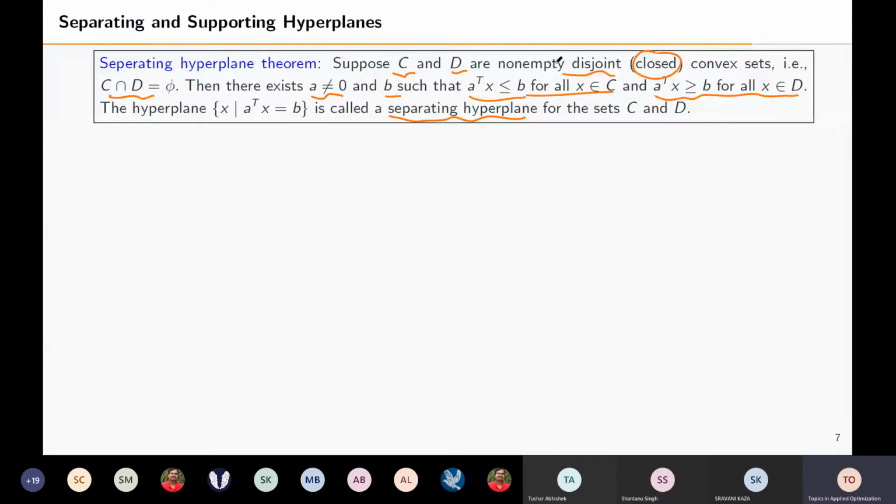It's saying that suppose there are two convex sets C and D, and they don't intersect. Let us say these are the two convex sets C and D. They don't intersect.